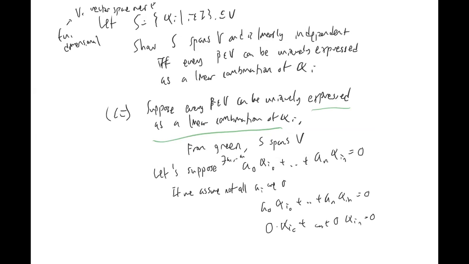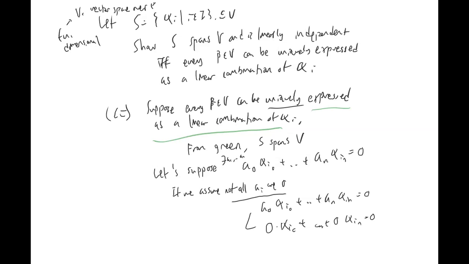These are two different ways if we assume not all a_i are zero. Agree? And that contradicts uniqueness. We should only be able to express zero one way. And hopefully the converse is the same.